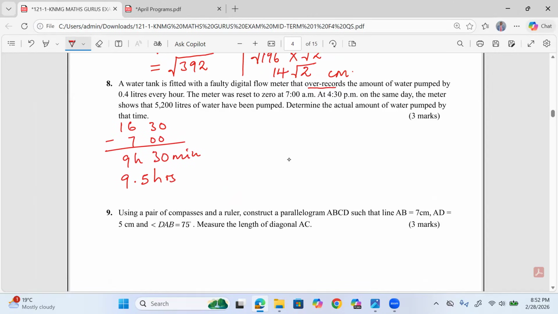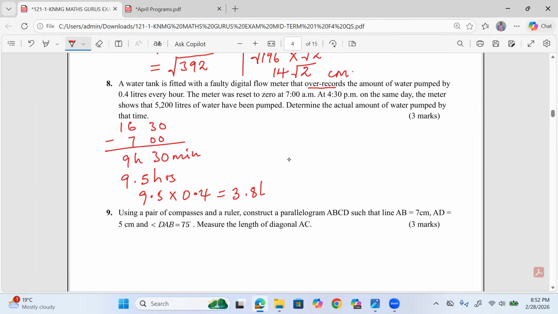In every hour, there is 0.4 liters. What about in 9.5 hours? We multiply 9.5 by 0.4 liters per hour, and this is 3.8 liters.